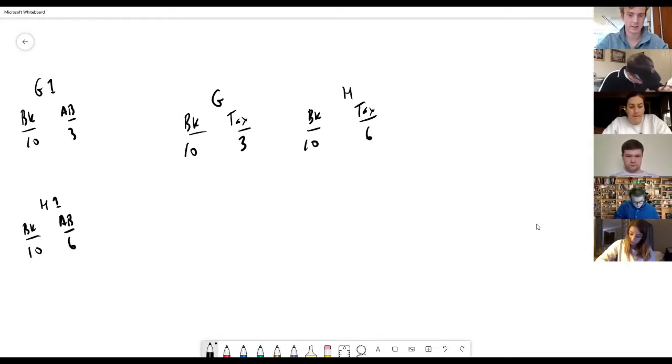So you divide the tax basis by 5, so you're going to get 0.6 per year on the tax basis, and 2 a book on H2, and 1.2 of tax depreciation on H1.